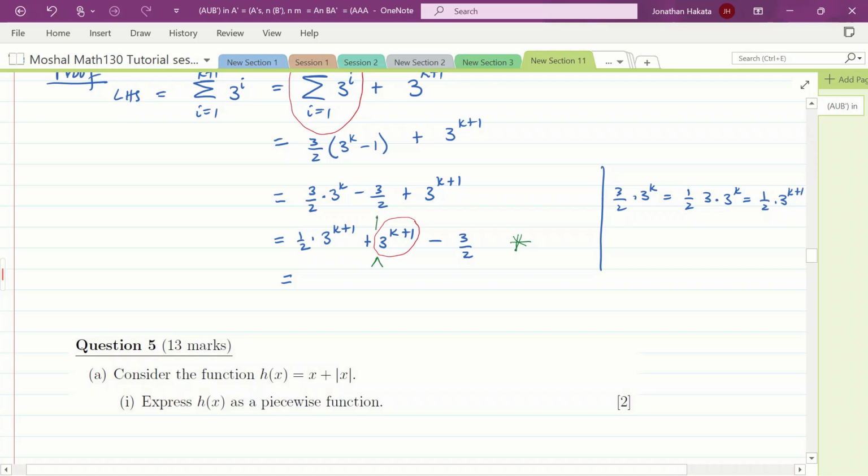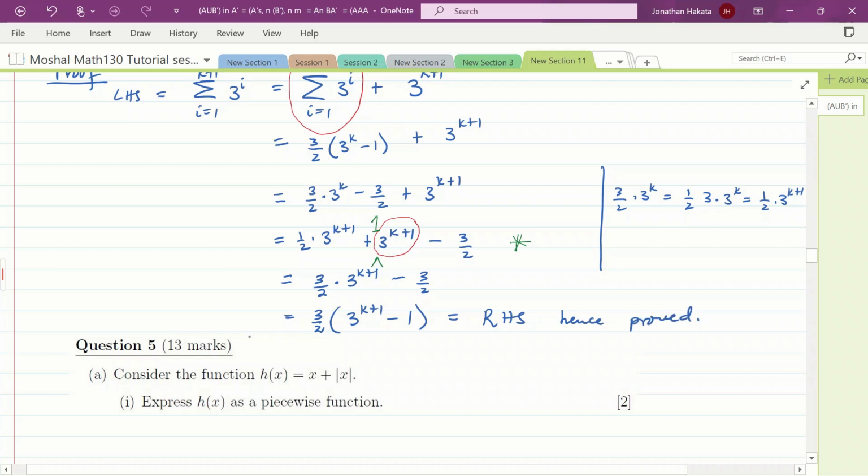The coefficient is 1, but it's invisible. So there is a half of something plus 1 whole of something. If you combine 1 plus a half, you will end up with 3 over 2. Half plus 1 is 3 over 2 times 3 to the k plus 1. Then this negative 3 over 2 comes back. Then I can factor out 3 over 2 into 3 to the k plus 1 minus 1, which is exactly what is appearing on the right hand side. Hence, proved.